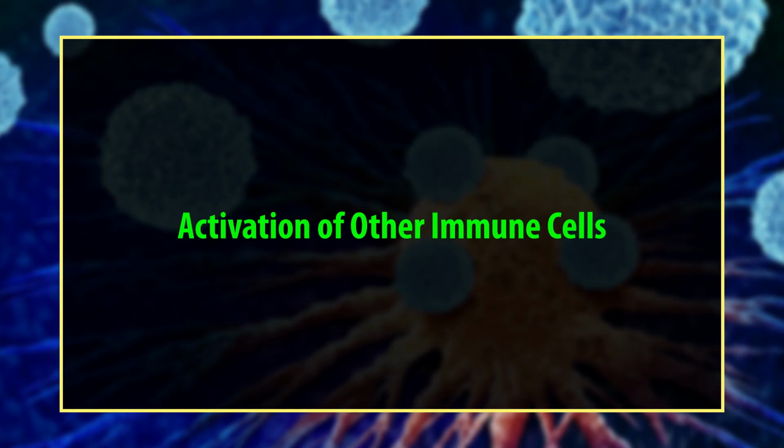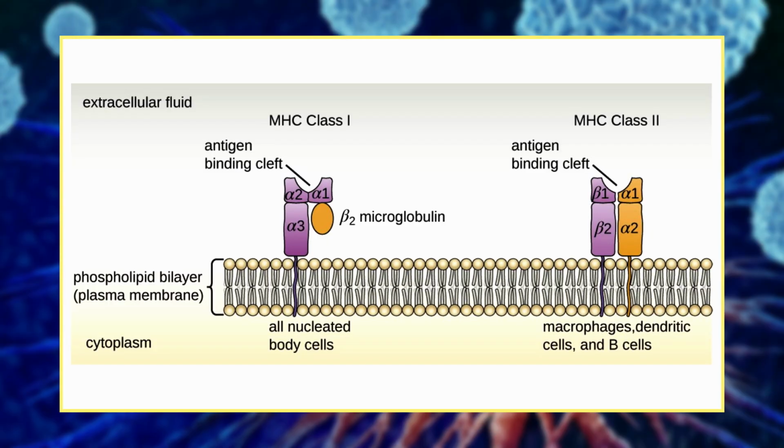Functions include the activation of other immune cells, recognizing antigen presented on MHC class II molecules by dendritic cells, macrophages, and B cells. After activation, they differentiate into various subsets like Th1, Th2, Th17, TFH or the follicular helper T cells, and the TREG or the regulatory T cells.